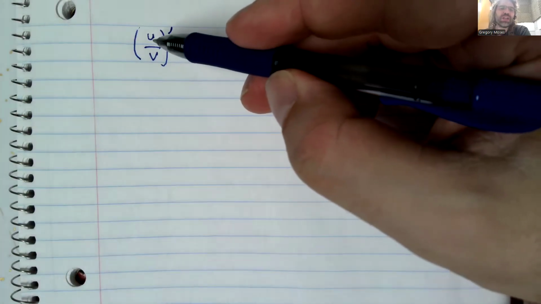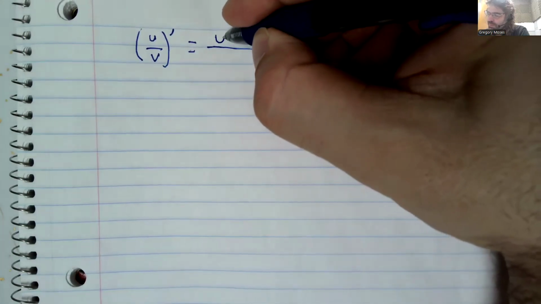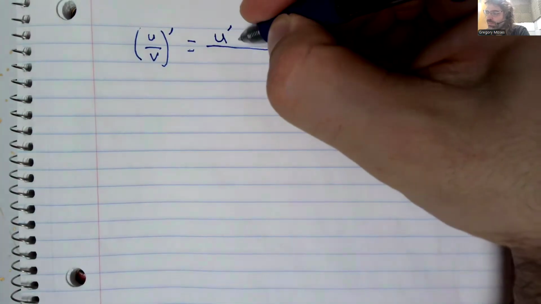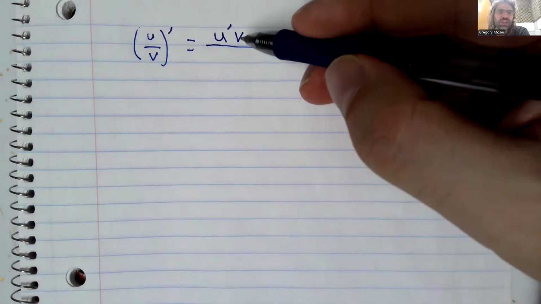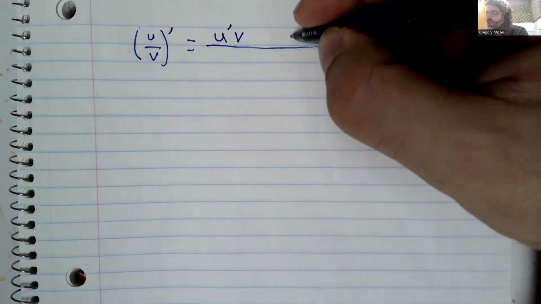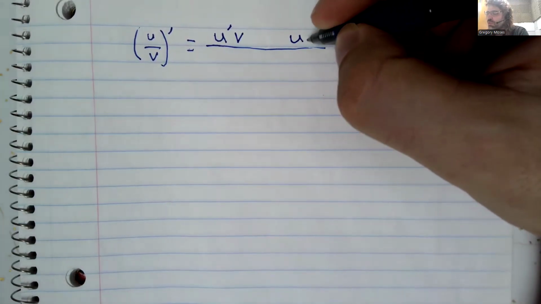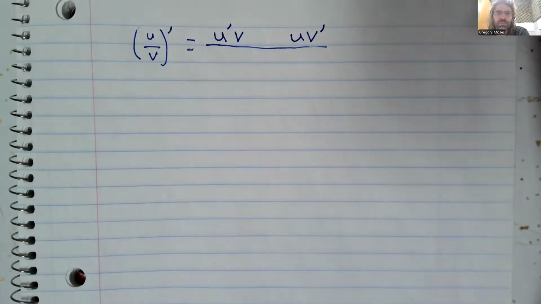We take the derivative of u, the derivative of the top, we multiply it by the bottom. We leave the bottom alone. We leave the top alone and we take the derivative of the bottom.